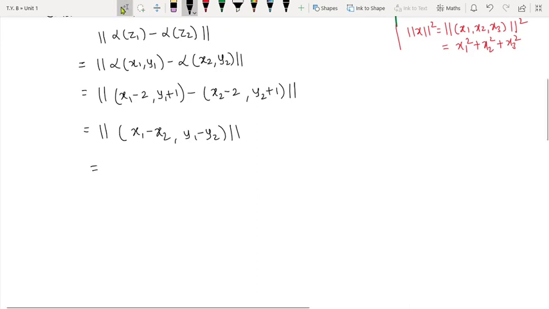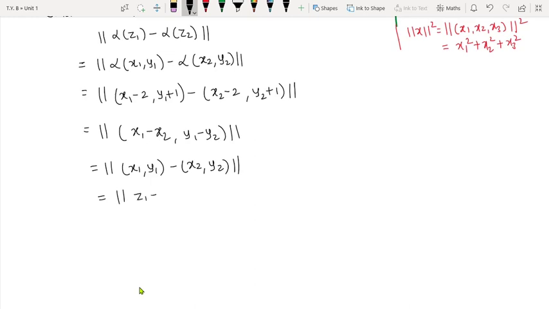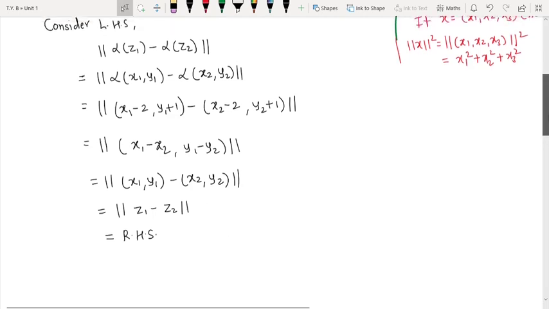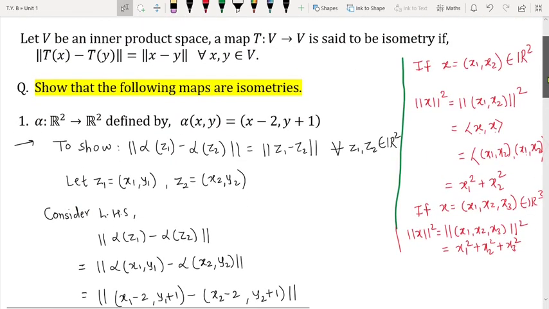So if you observe it properly, it is nothing but subtraction of two elements of R2. Can you guess which are those elements? So it is norm of x1 y1 minus x2 y2, and that is nothing but norm of, exactly, this is z1 and this is z2, and that is our RHS. So that is what we wanted to prove. Simple, right? And this is true for all z1 z2 belonging to R2 naturally.